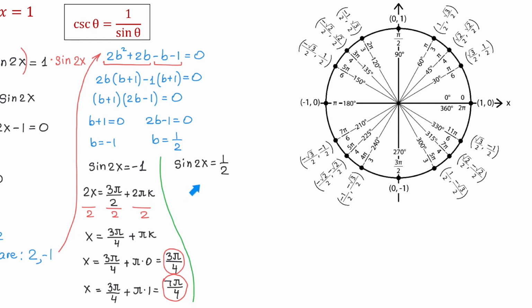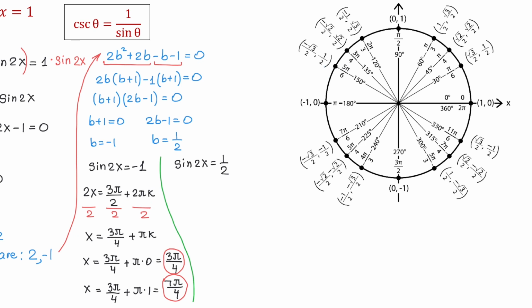Now let's continue with the second equation. Sine is 1/2 when the angles are pi over 6 and 5 pi over 6. And if from these angles we add or subtract 2 pi as many times as we want, then for all these angles, sine is also 1/2.